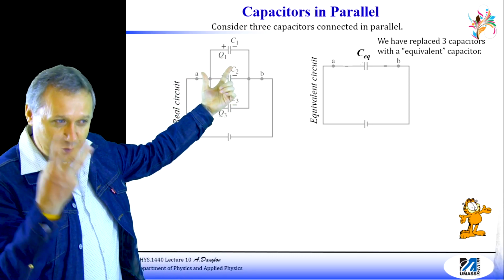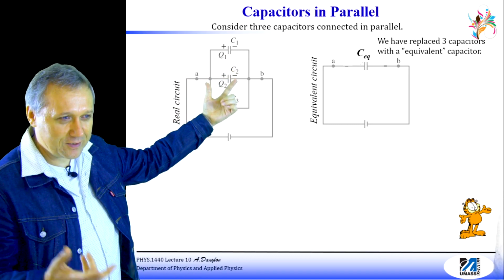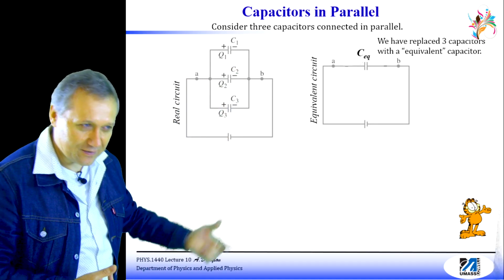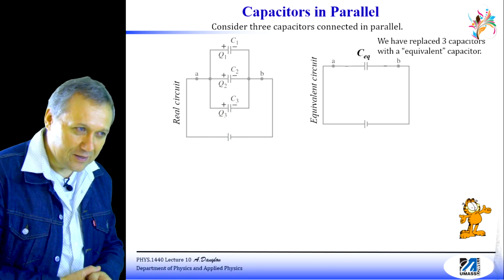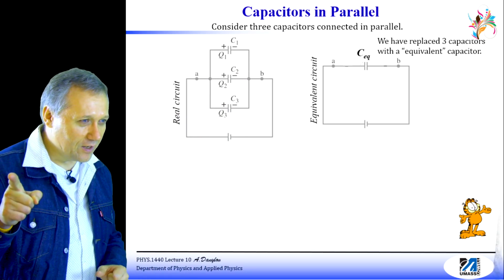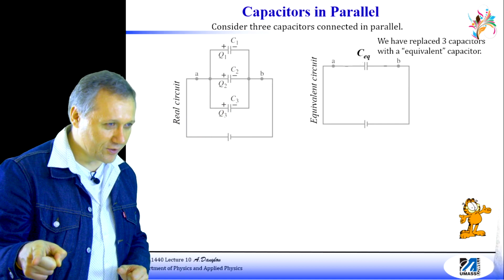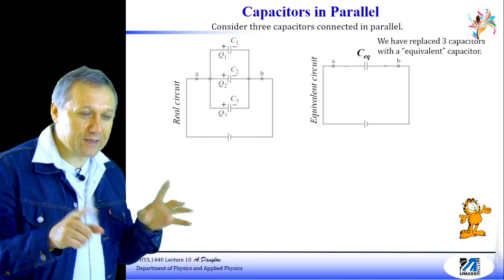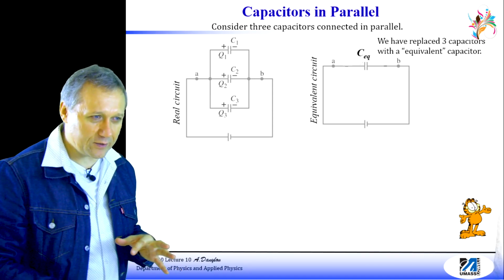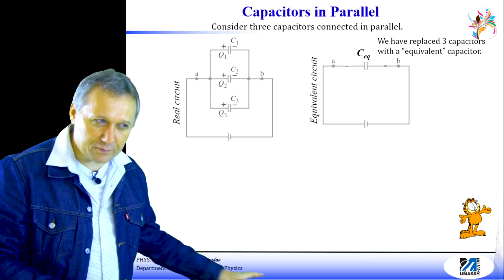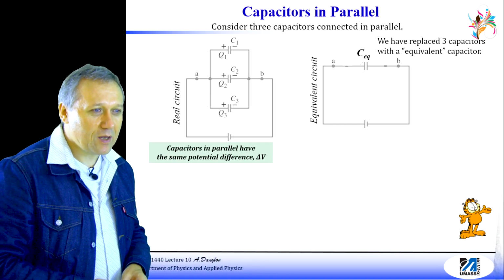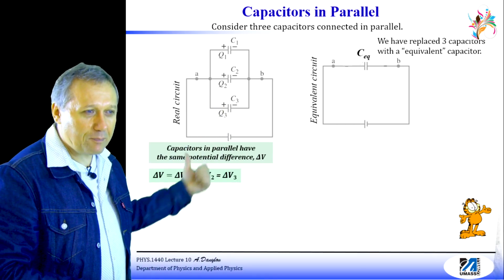Which parameter out of those three, C, Q, delta V, is exactly the same for these three capacitors? And after our discussion of that conceptual question before the break, you should be able to realize, and even justify, why it is true. It's the potential difference. Potential difference must be exactly the same across these three capacitors.